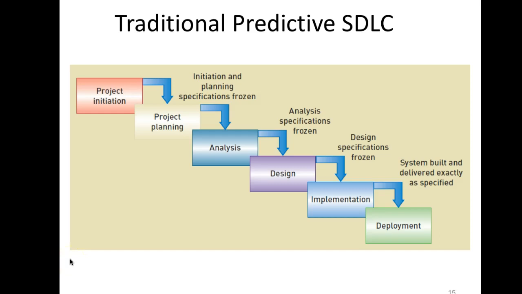This is a traditional approach to systems development lifecycle. It's called waterfall. If you look at the picture, it goes from the top left to the bottom right, one phase after the other. This is a very predictive approach to SDLC. You would choose that if you know your requirements very well, you know your team very well, and you've done projects like this in the past. So you go one phase at a time. This is good because you have a structure.